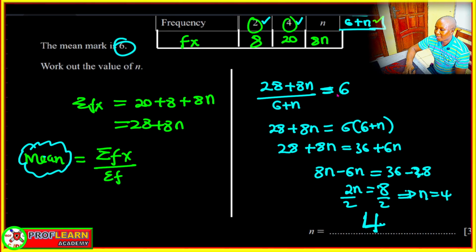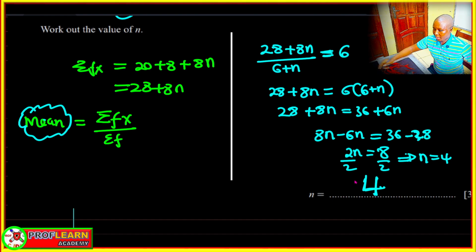And the mean is 6. So you can multiply 6 plus n both sides so that you can get it from the denominator. And of course, putting the like terms together, we are going to get our answer being equivalent to 4.